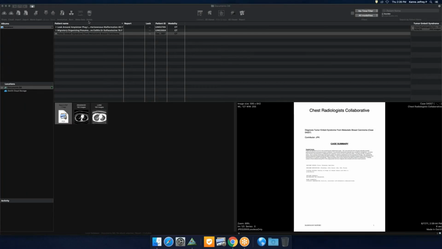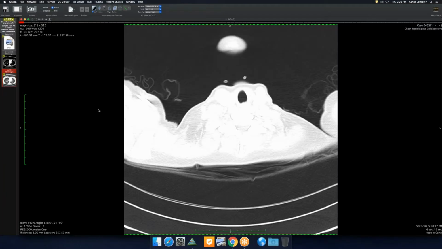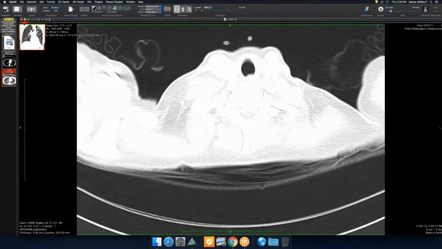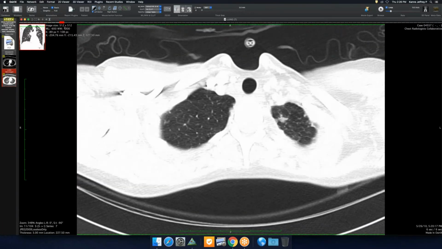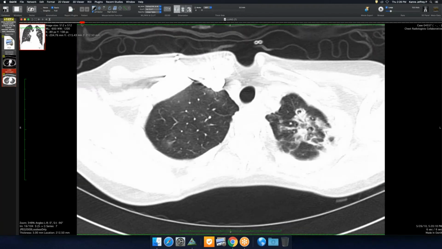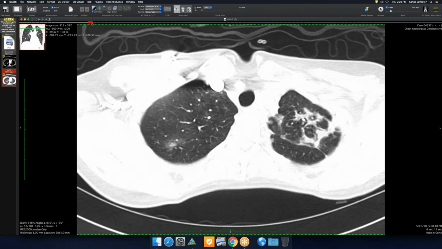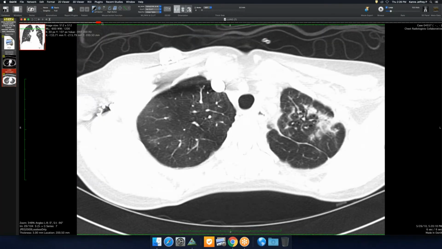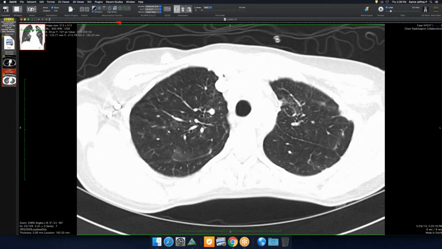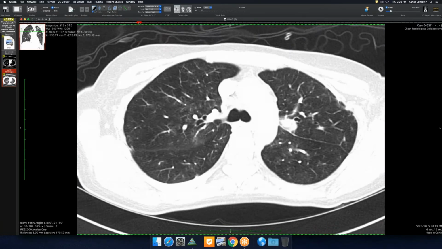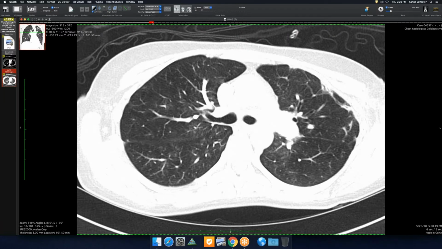So this was a young female who presented very similarly with shortness of breath and had a breast cancer history. And she was admitted to the ICU, and actually the pulmonologist caring for her was a pulmonary hypertension person. But you can see she has this mosaic attenuation, and the nodules are very smudgy.